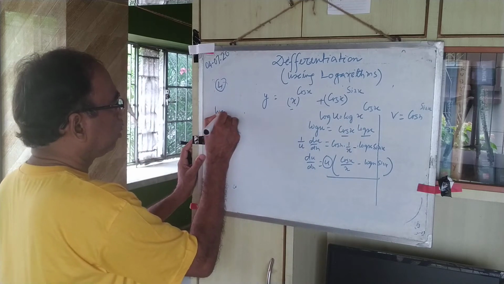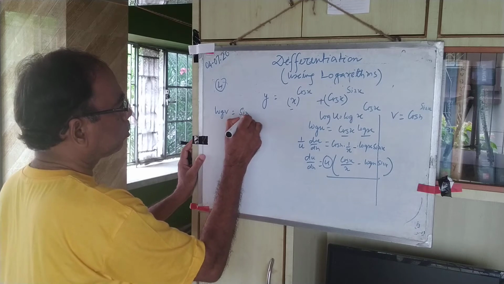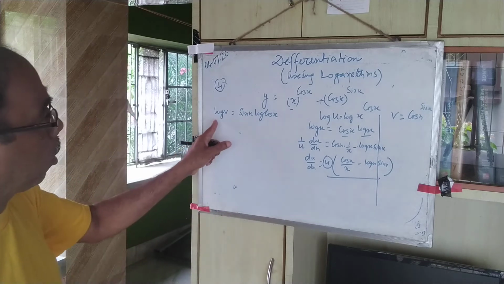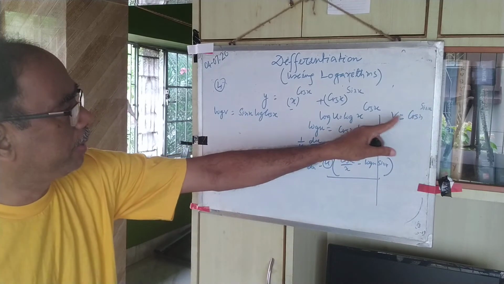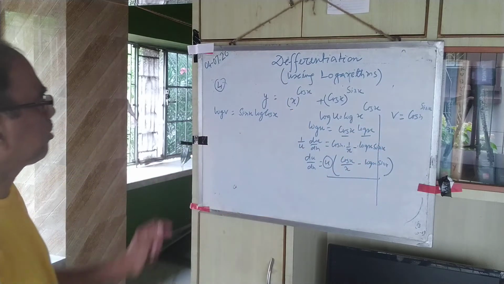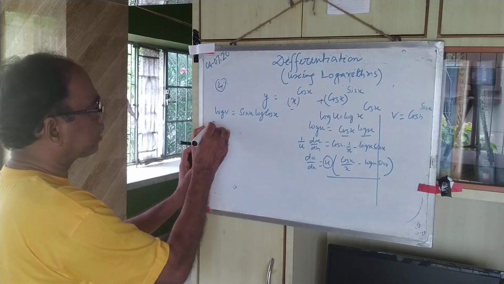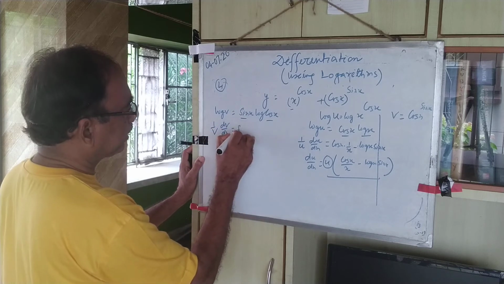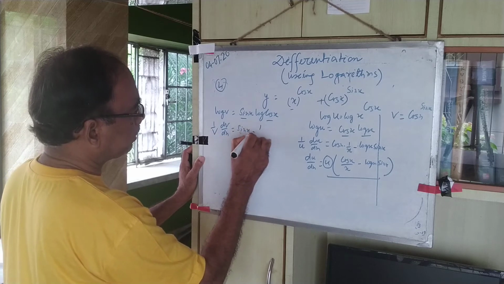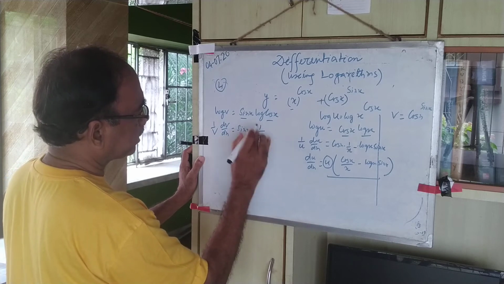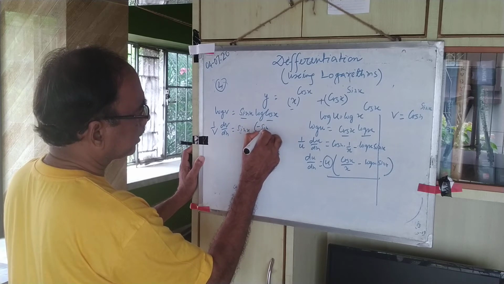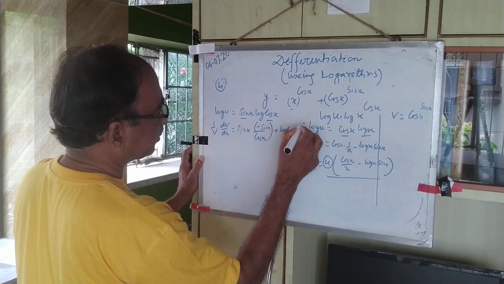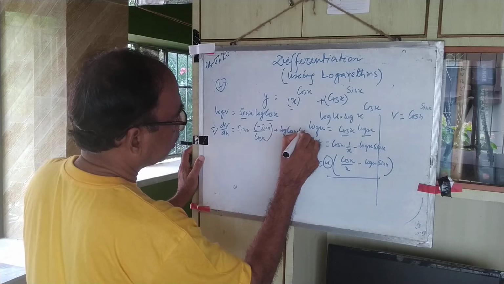Similarly, log v equals sin x log of cos x. Taking log both sides, v is this, log v equals log of this, then the power will come first. Then differentiating with respect to x, 1 by v dv by dx equals: sin x constant, log cos x derivative 1 by cos x into derivative of cos x, minus sin x, plus log of cos x constant, sin x derivative cos x.